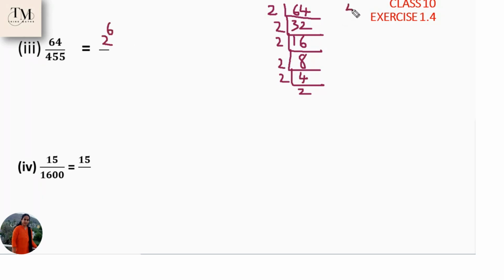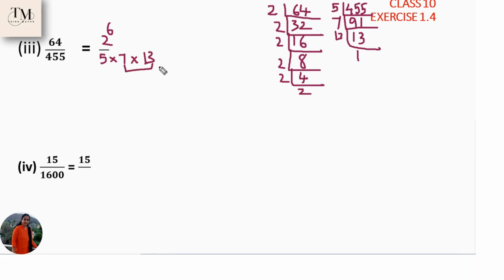Next, 455. This ends with 5, so I take 5. 5 nines are 45, balance 1. If I take 3, 3 threes are 9, there will be remainder 1. So I take the next prime, 7. 7 ones are 7, balance 2; 7 threes are 21. So I take 13, 1. So 455 can be written as 5 into 7 into 13.